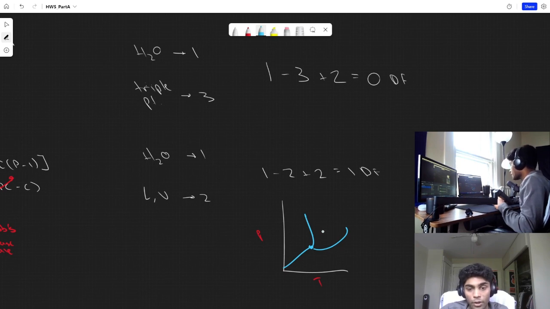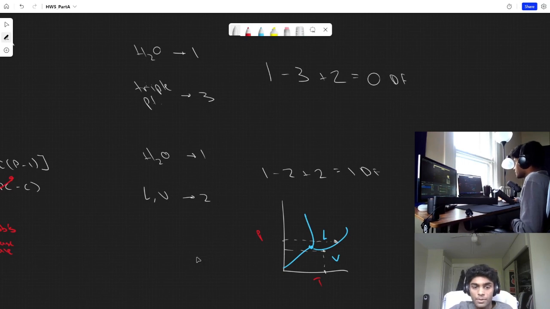Now, if we are looking between our liquid and vapor phases, there is a whole lot more we can change. We could say, I want to go at this pressure. Well, this pressure is going to lead you to this temperature. Say I want to be at this temperature. Well, this temperature is going to lead you to this pressure. So there is 1 degree of freedom we can adjust to get either a different pressure or a different temperature. This is how we can apply it to these sorts of systems.